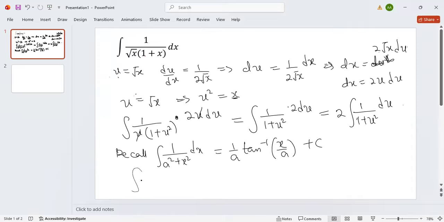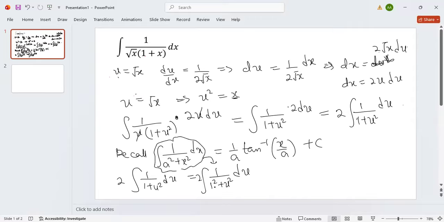I can write this as 2 times the integral of 1 over 1 squared plus u squared du. They are almost the same, so a will be 1 and our x will be u.